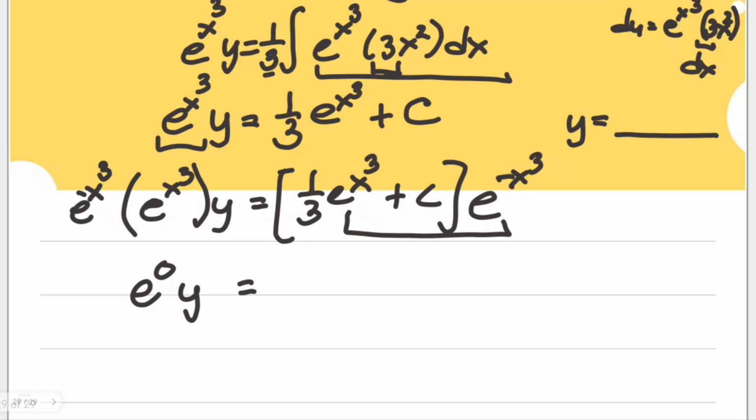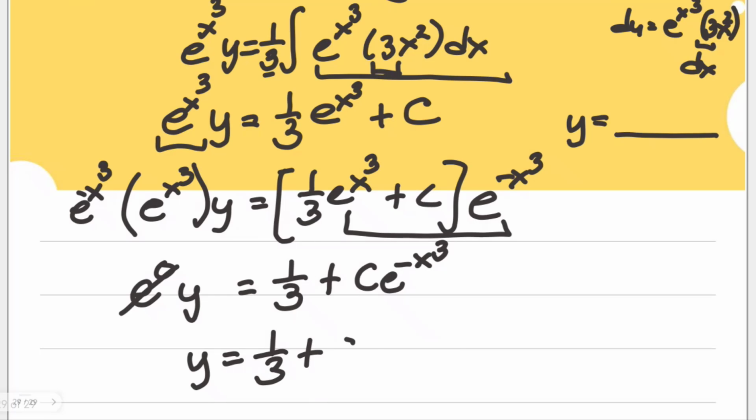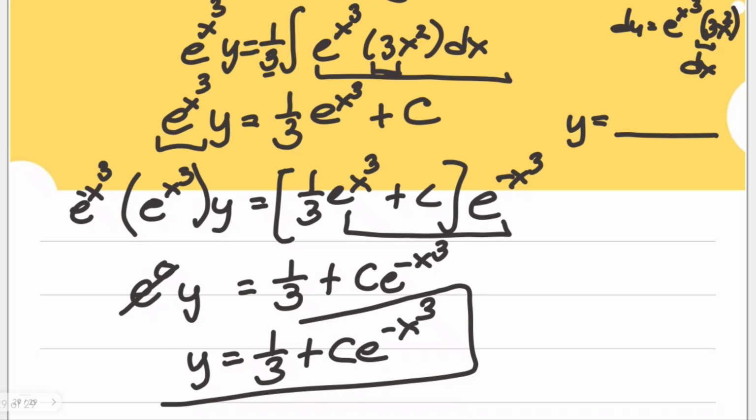So you will have here only 1/3, and then plus c e to the power of negative x cubed. Now, is this already the final answer? Of course not yet, because we will have to make this 1. So you have y is equal to 1/3 plus c e to the power of negative x cubed. This time, this is now the solution of our given linear equation.